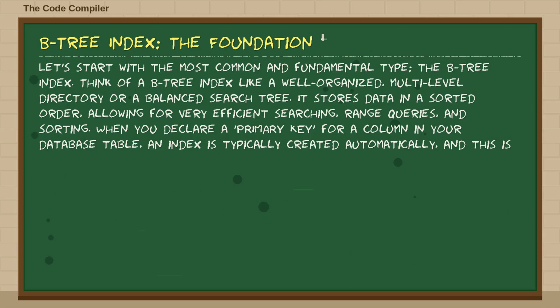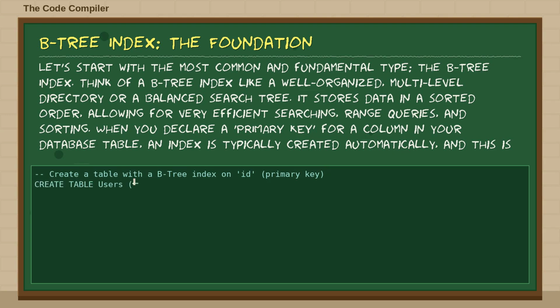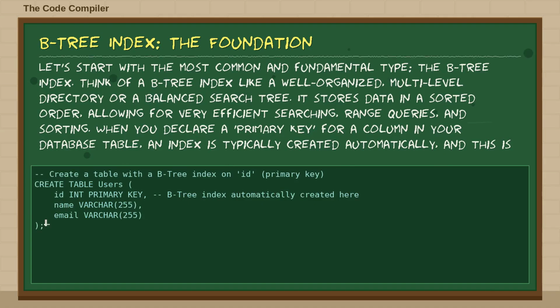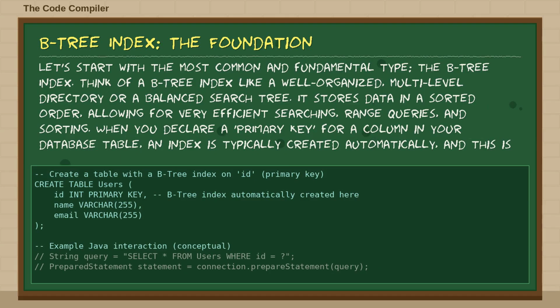For example, if you have a users table and ID is your primary key, the database creates a B-tree index on ID. This means when your Java application queries for a user by their ID, the database can quickly navigate this tree structure to find the record without scanning the entire table. This is incredibly powerful for speeding up your primary key lookups.